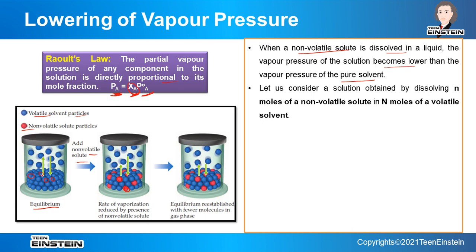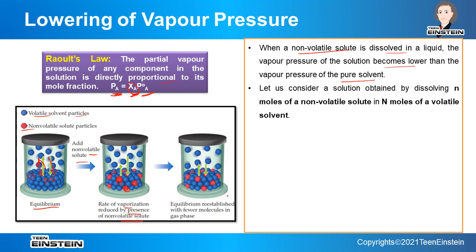So there is some equilibrium: particles are coming towards the liquid and moving towards the vapor. But when solute particles are present, the number of blue solvent particles on the surface will decrease. So the rate of vaporization will be reduced by the presence of non-volatile solute.